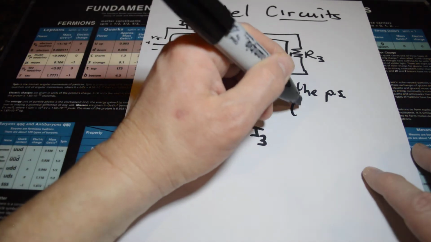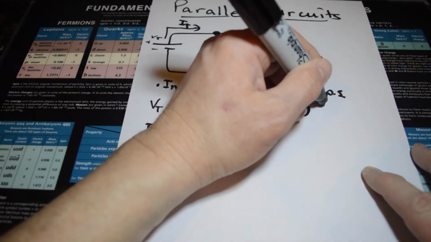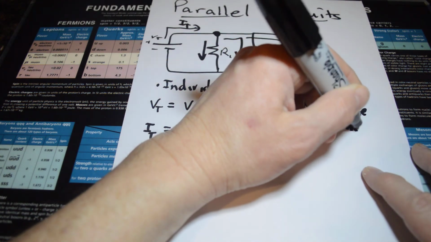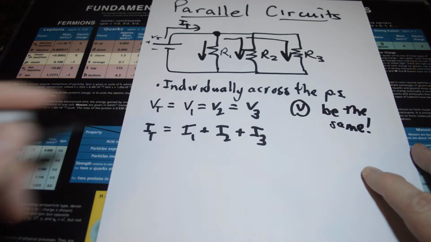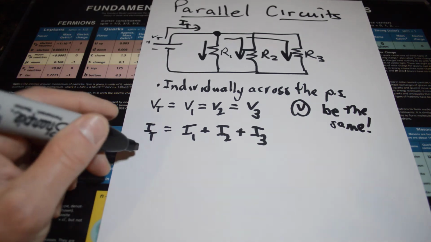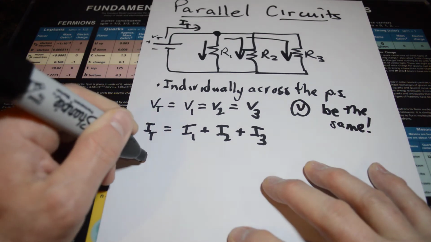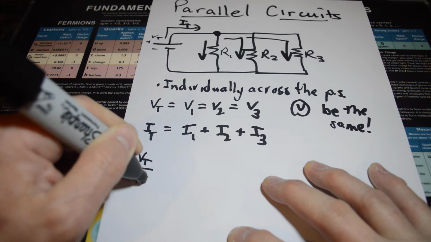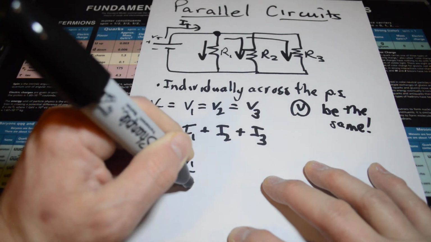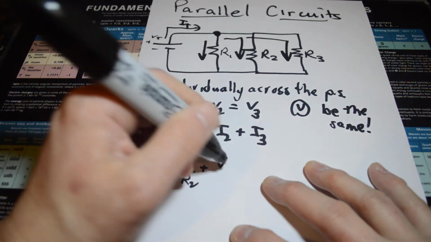So we might say here that if you put a voltmeter, that would be the same. But the ammeter measurements are all going to be different. And the thing to write down about that was we could substitute using Ohm's law and get another equation for resistance for this type of circuit.